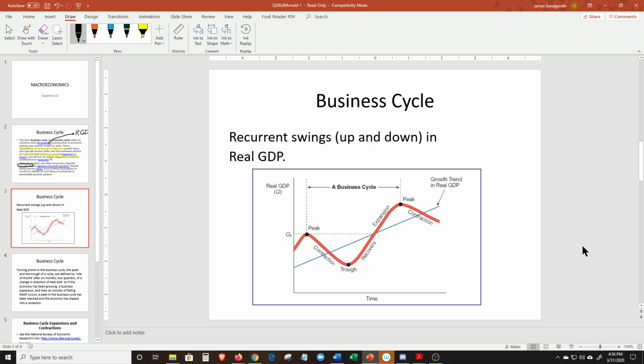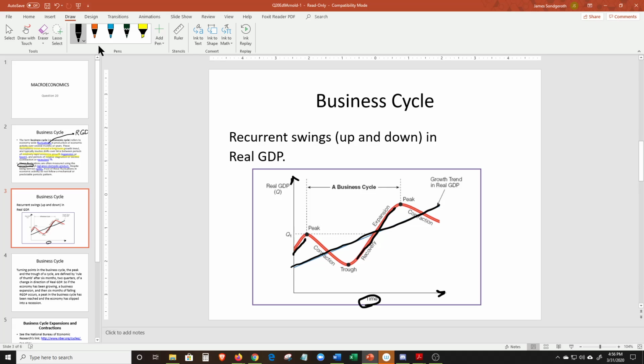Now here is your sort of mechanical, I guess the last slide talked about mechanical fluctuation. We do indeed have our growth trend right here, which is the rate of growth over time. And notice that we have time on the horizontal axis. And we have real GDP here. So as real GDP grows, of course, we are in an expansion or recovery.